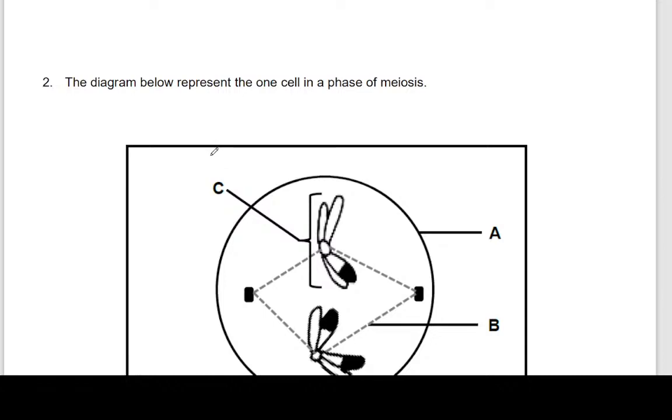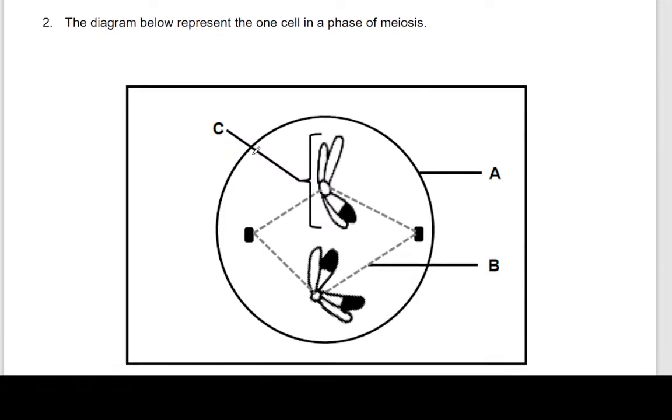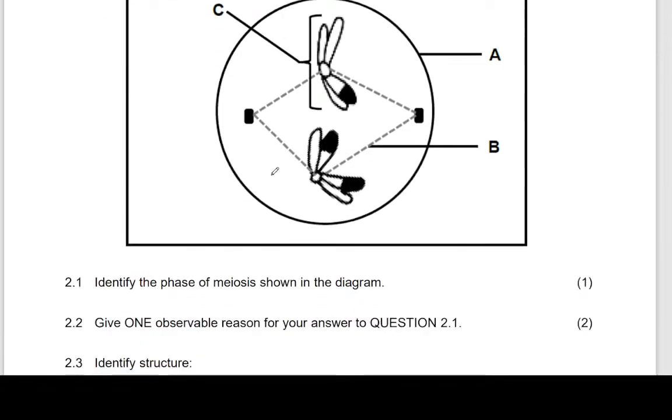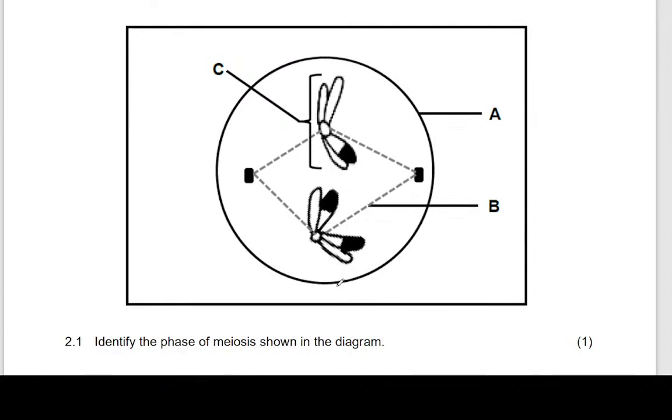Okay, the diagram below represents one cell in a phase of meiosis. They are not saying this is a human cell, so please don't think about 46 chromosomes. They're asking you to identify the phase of meiosis shown in the diagram. Let's first label. A is a cell membrane.